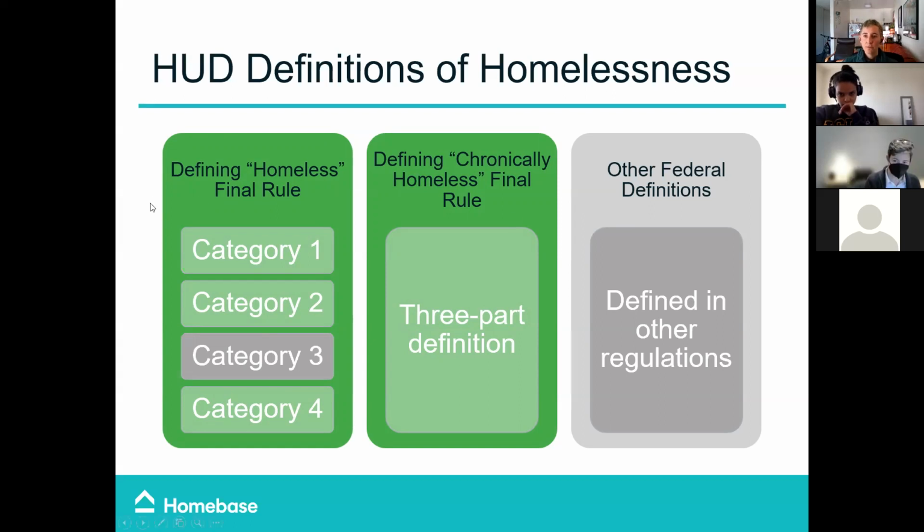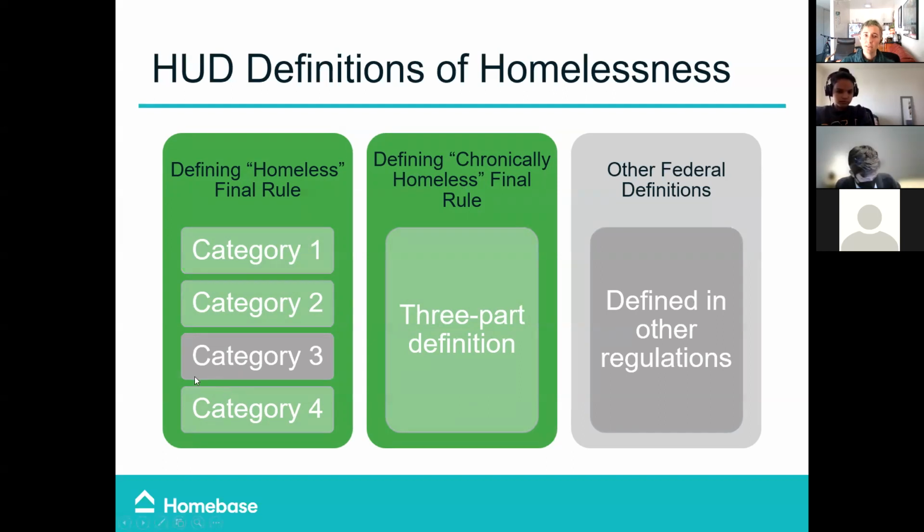The Defining Homeless Final Rule has 4 different categories in it, 4 paragraphs of this definition that lay out 4 separate categories of people or criteria that someone could meet in order to meet the definition of homeless.